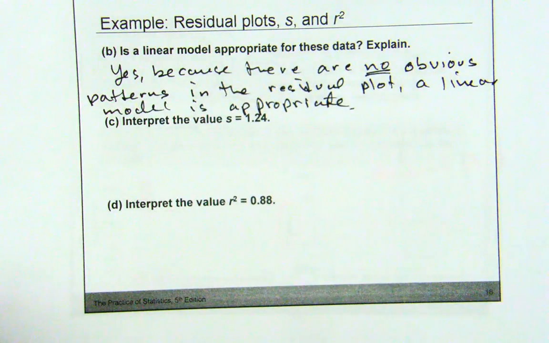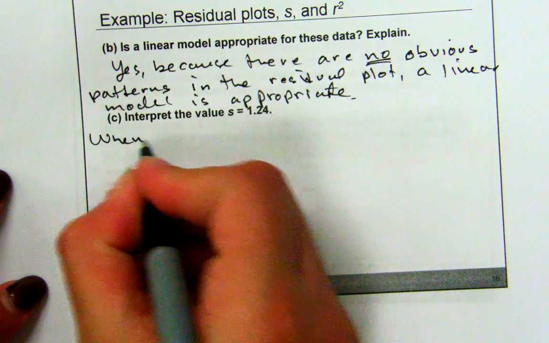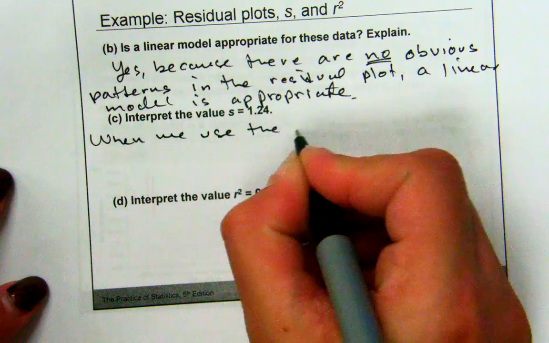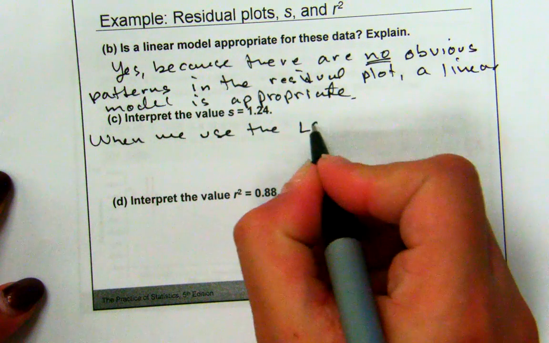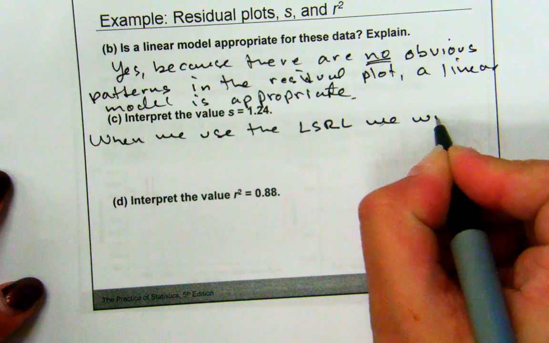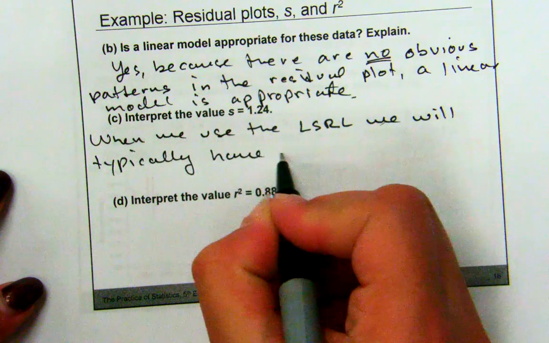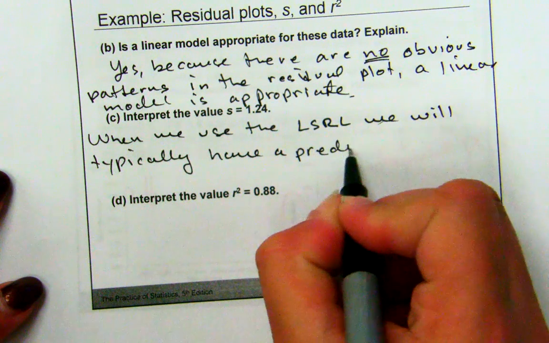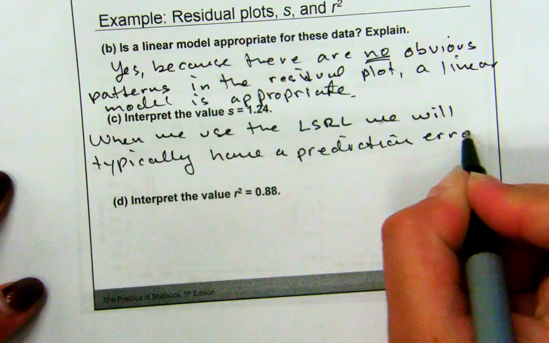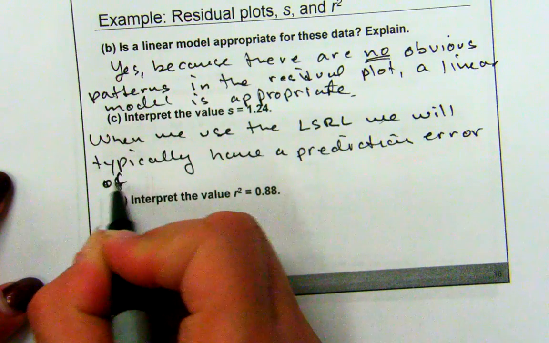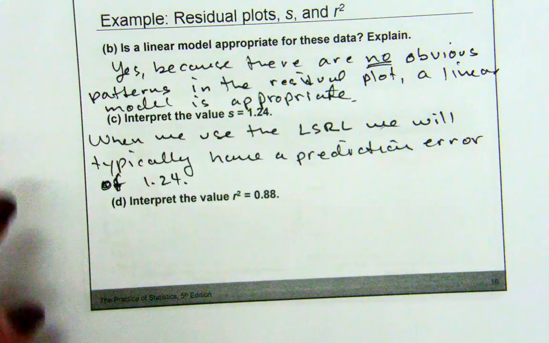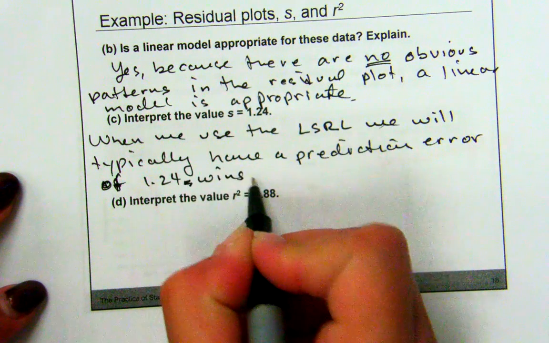Okay. So we're going to say, when we use the least squares regression line, we will typically have a prediction error of 1.24, or 1.24 wins, I should say, because we're actually talking about the wins in this case.